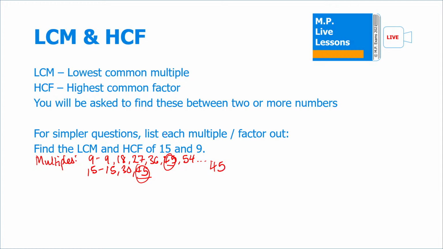Whereas highest common factors, for 9, 1 is always a factor. Does 2 divide exactly? No. 3 does. 4 does not. 5 doesn't. 6 doesn't. 7 doesn't. 8 doesn't. And lastly, 9.